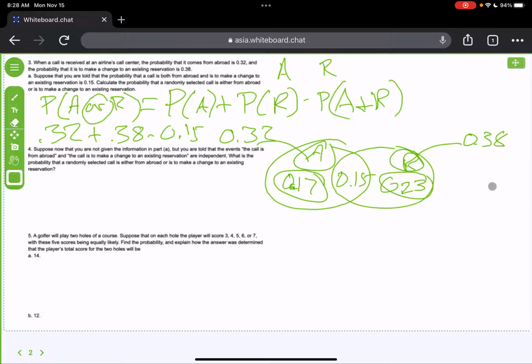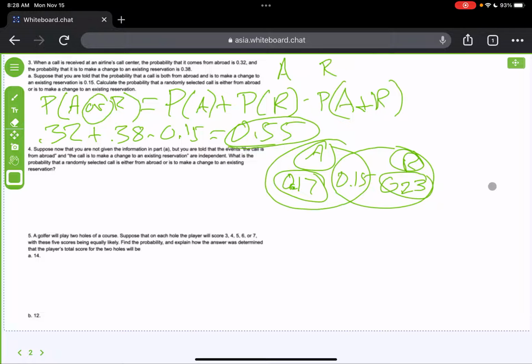There's all of our values that we need to know. So, when you do that, you get the answer for A or R to be 0.55. So the probability of them calling to talk about an existing reservation or that the call is abroad is over 50% chance that it's one or the other.